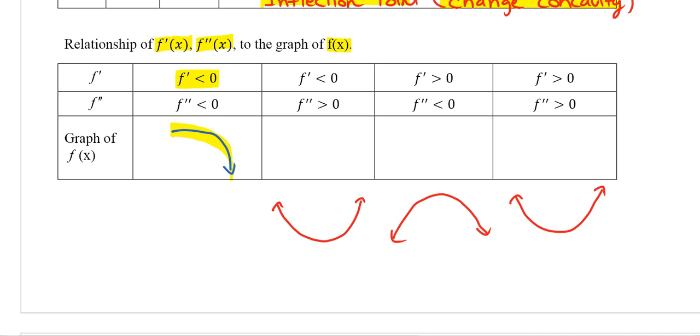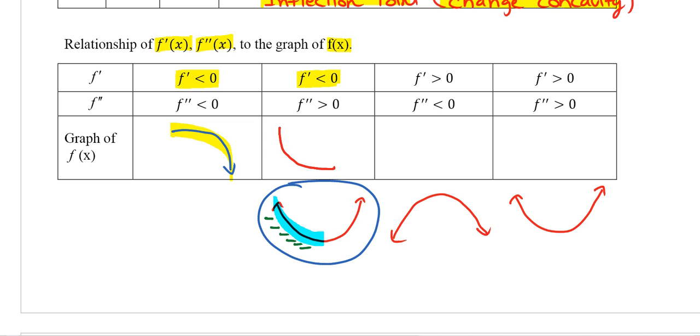Delete that now. Okay, for my next box right here, this means my first derivative is less than 0. And if I look at my concave up graph here, where does this graph have a negative slope? Well, that's right there, this part in blue. All this part is negative. So basically my graph will look like this.